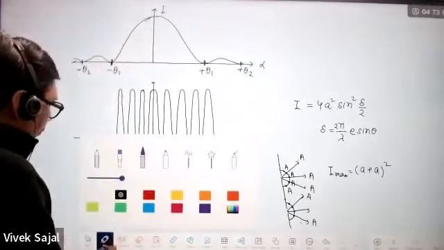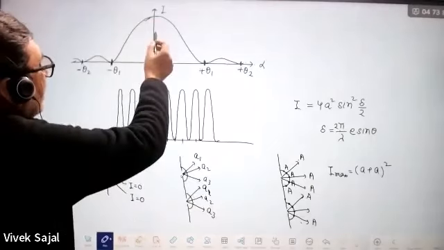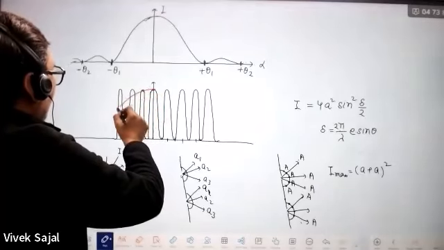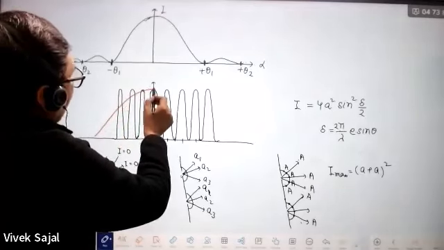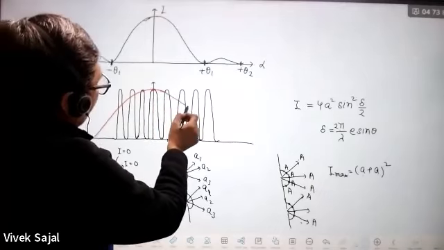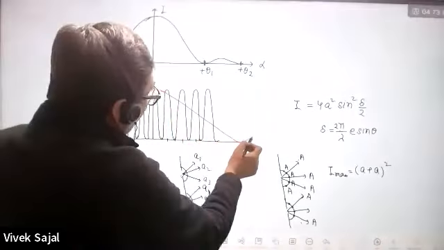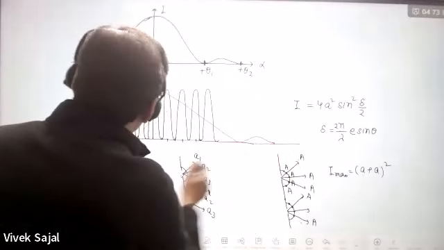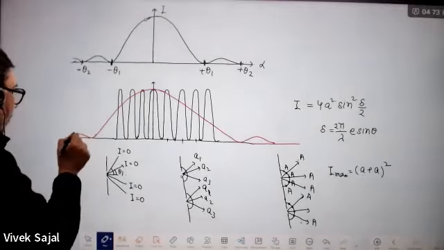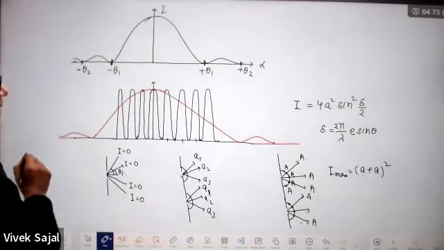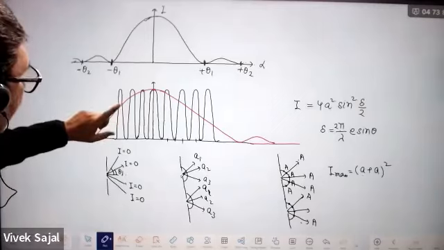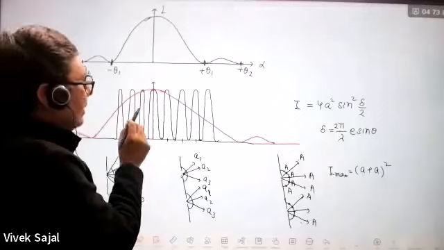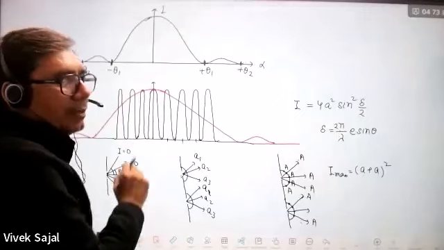So what I am going to do, okay, I will plot this here. So I'm plotting this pattern here. So what is going to happen? Here, try to understand, in this direction, the intensity of the light is greater after diffraction.